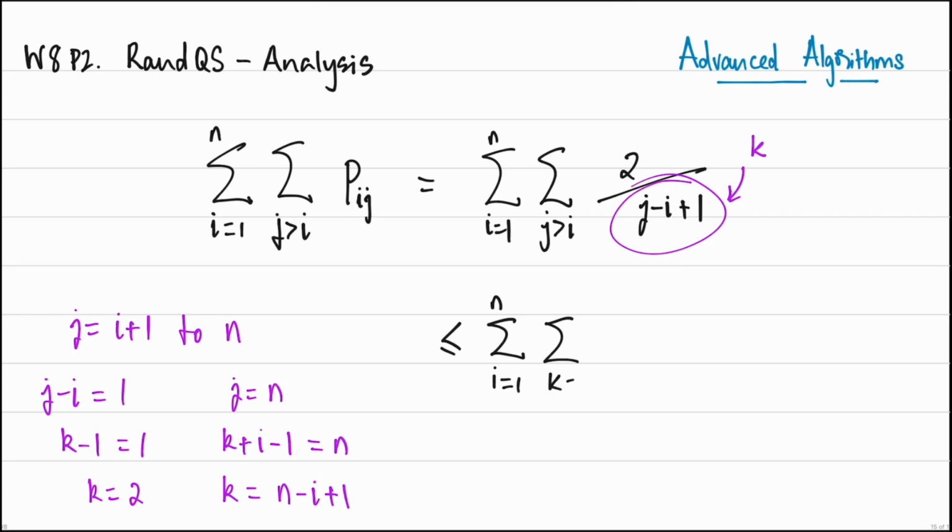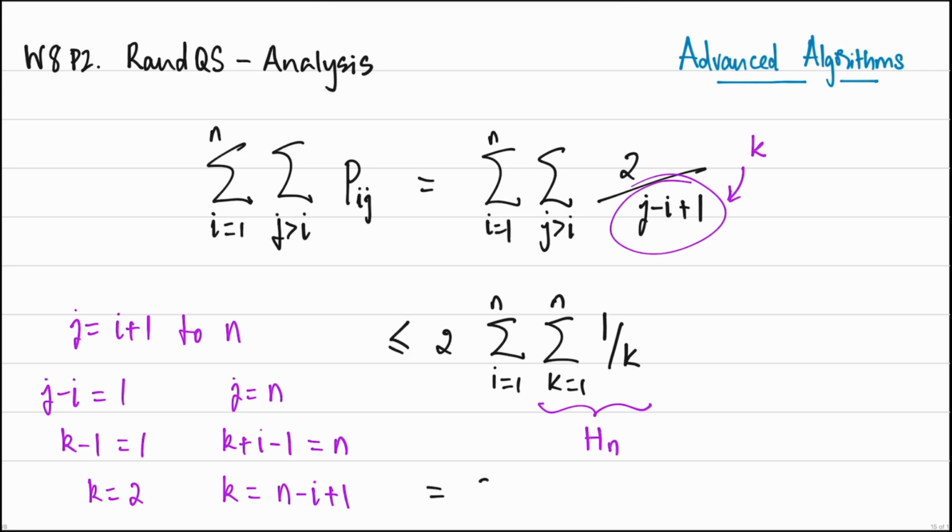So we go k from 1 to n, 2 over k, and in fact, just so that the summation looks familiar, let me pull out the 2 here, and you might recognize the sum of 1 over k, k going from 1 to n, as being the nth harmonic number. So I'm going to rewrite this as Hn.